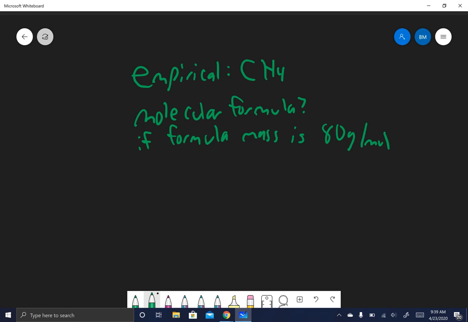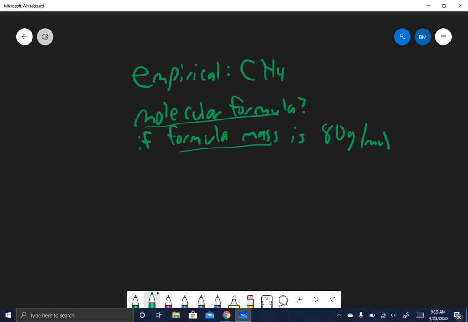So again, we have an empirical of CH4, and we know the molecular formula has a mass of 80.